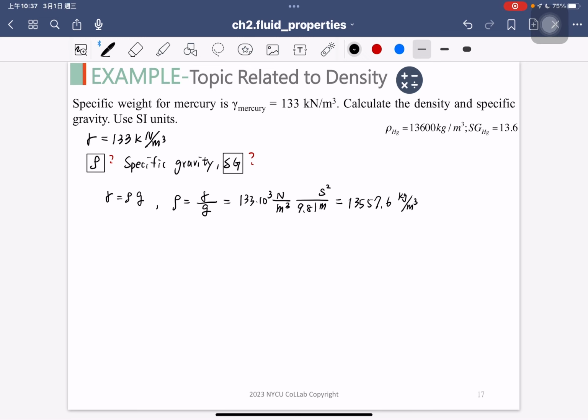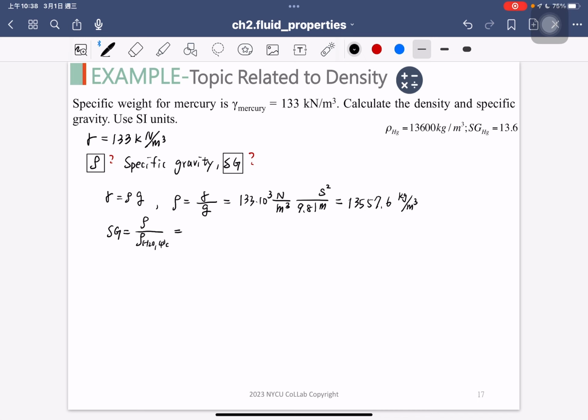But it is not our only purpose, because we are trying to compute the specific gravity. And as I mentioned, the specific gravity is a ratio. It is the ratio of the density of the material to the density of the reference material. Our reference material is water at 4 degrees.